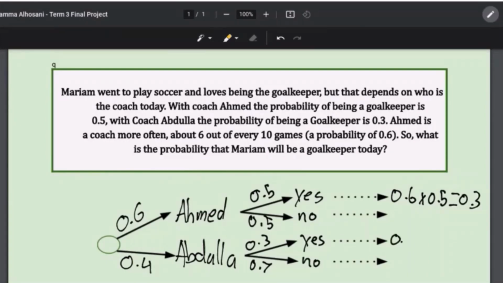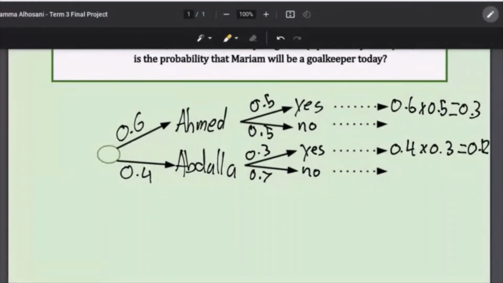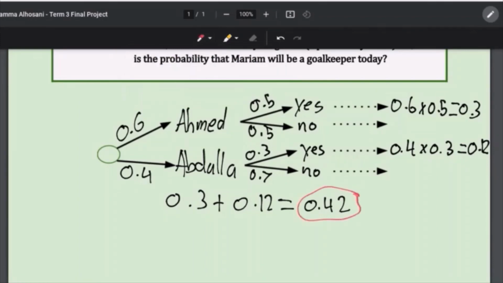A 0.4 chance of Abdullah as a coach followed by 0.3 chance gives 0.12. Now we add the column. 0.3 plus 0.12 equals 0.42. Probability of being a goalkeeper. That's a 42% chance.